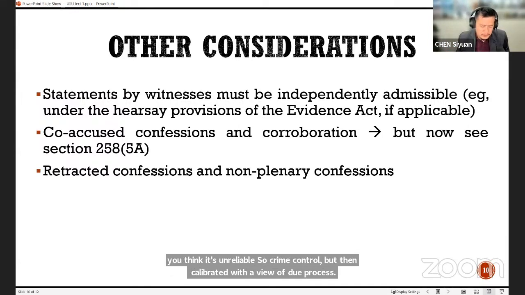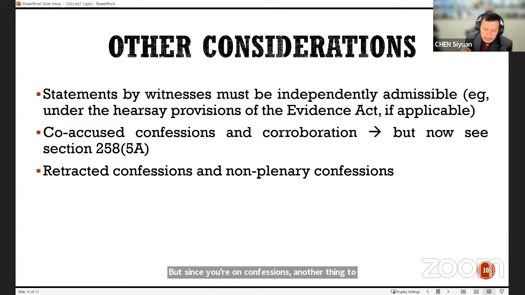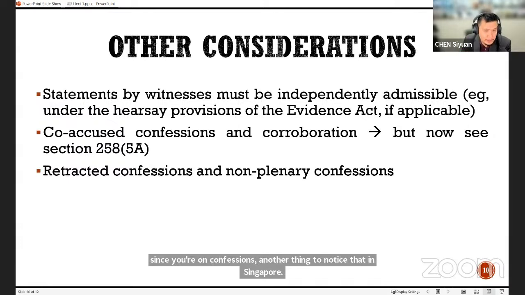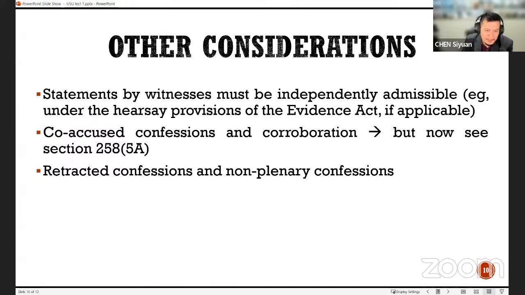But since we're on confessions, another thing to note is that in Singapore, if you confess to a crime, but you change your mind later, the confession can still be used against you. Doesn't matter if you change your mind. As long as you said it before, it can be used against you.